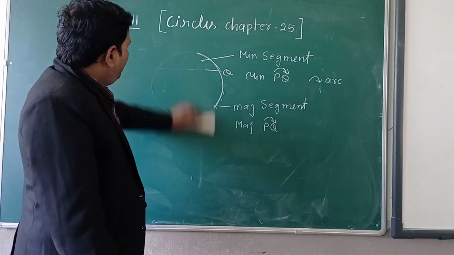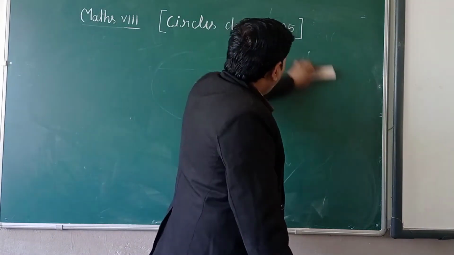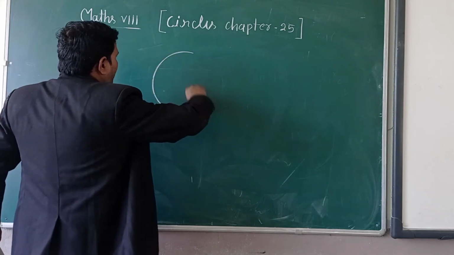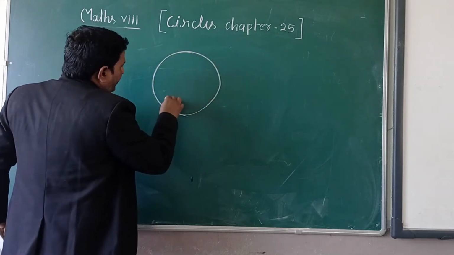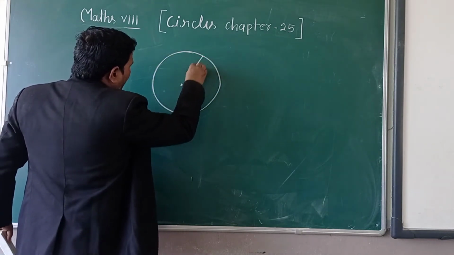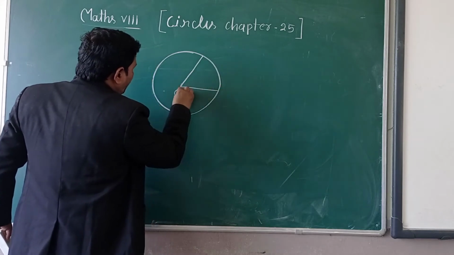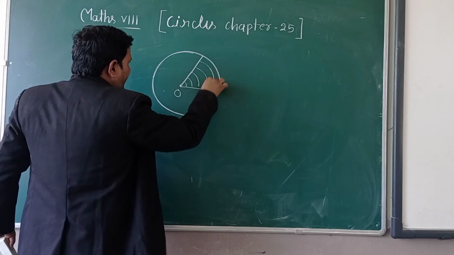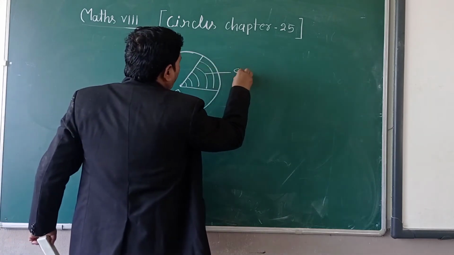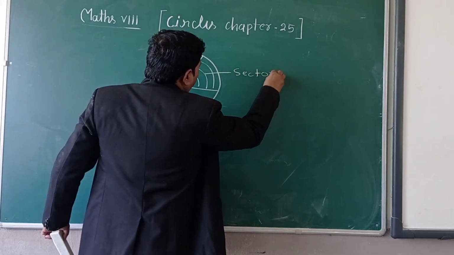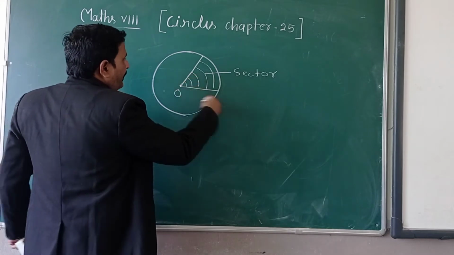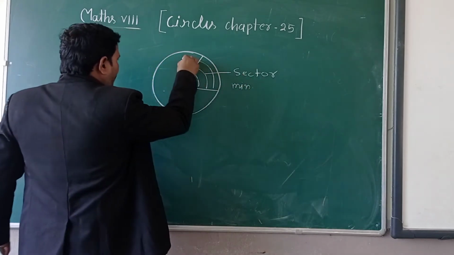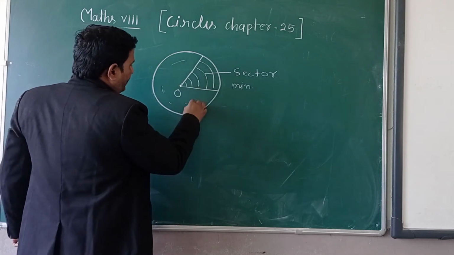Next point. In a circle, the area enclosed by the radii of the circle, this is the center of the circle, is known as a sector. This smaller one is called the minor sector, and this is called the major sector.